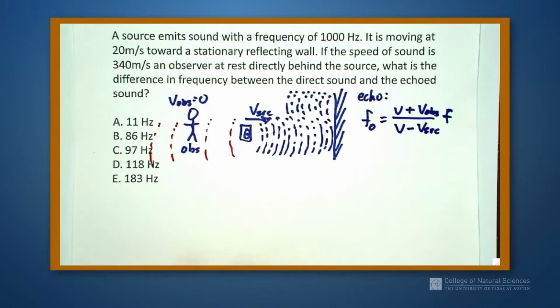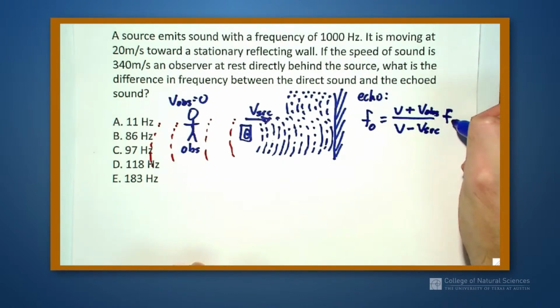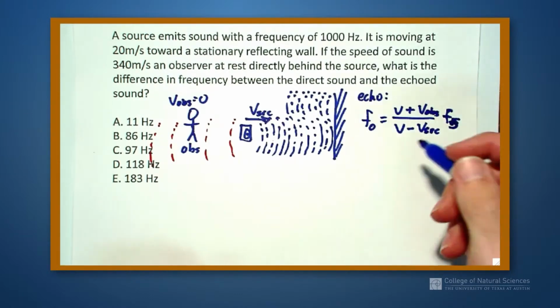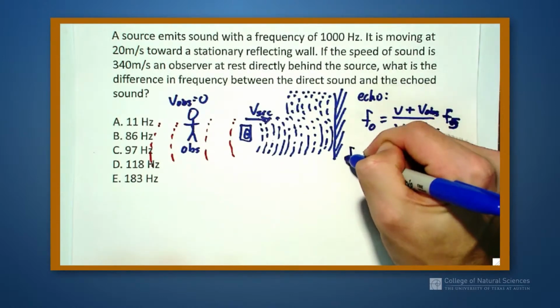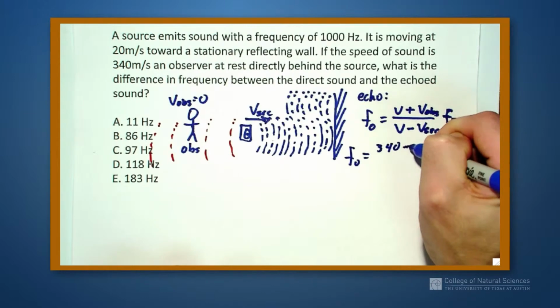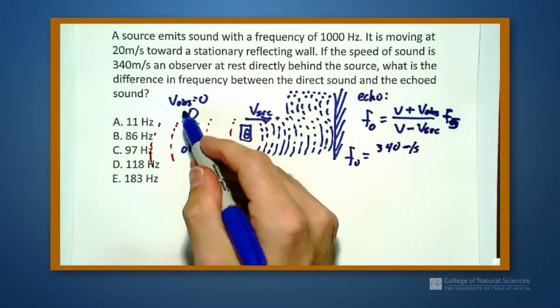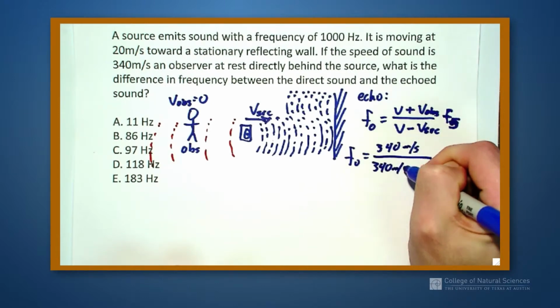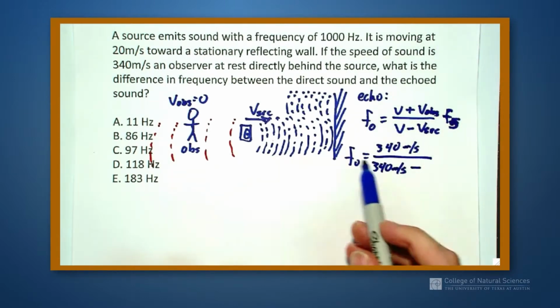That's our source frequency. So when I calculate this out, I have f' equal to 340 meters per second, my observer has zero speed, divided by 340 meters per second minus my source.